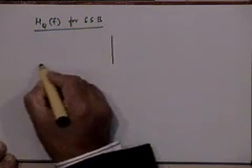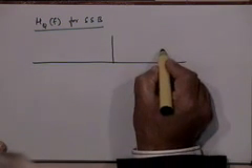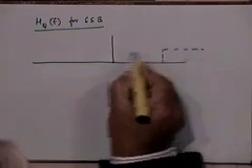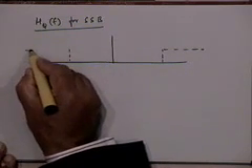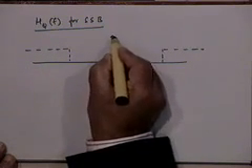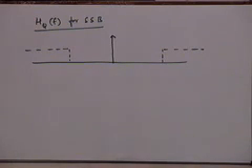For an SSB signal, what is your transfer function? It is like this. Basically what do we hope to see?